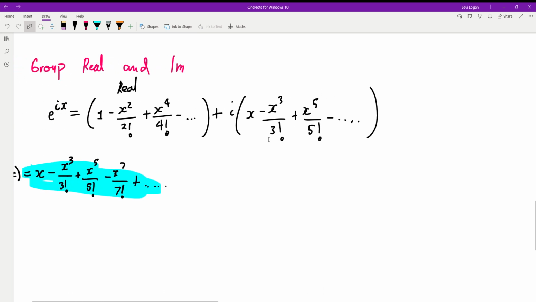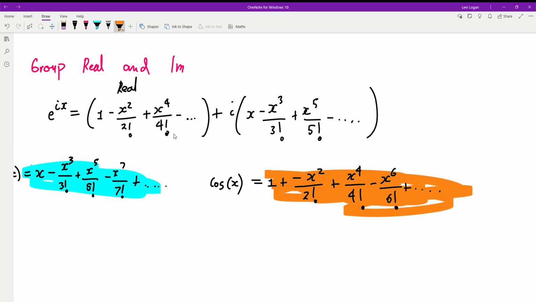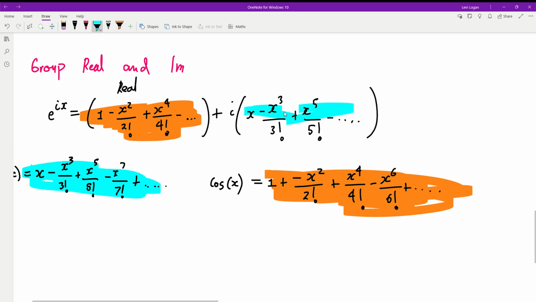So hopefully you can see that this orange bit here is going to click in exactly here. This is an infinite sum, which is exactly the Taylor series of cos x. And this bit here is exactly the Taylor series of sin x.